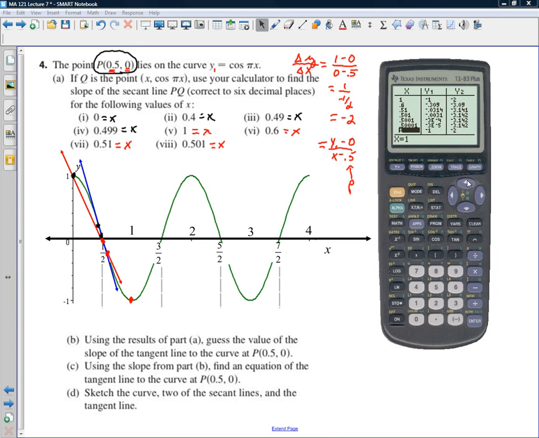But the minute I put in 0.5, I'm going to get that error message. And the point here is, no matter which direction you approach from, the secant is getting closer and closer to negative pi. And so we'll record all those answers in a grid, and answer the questions.